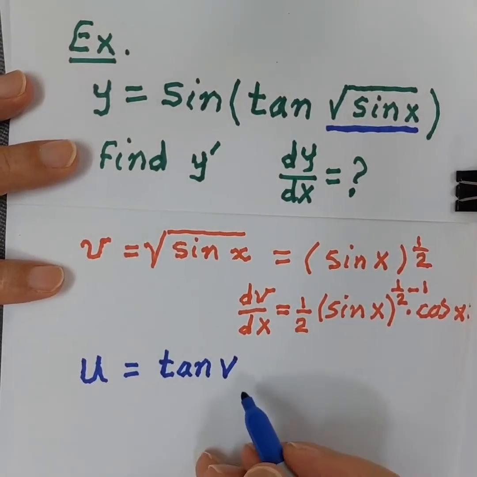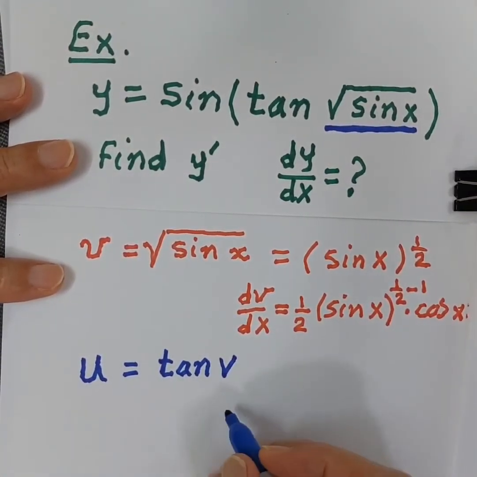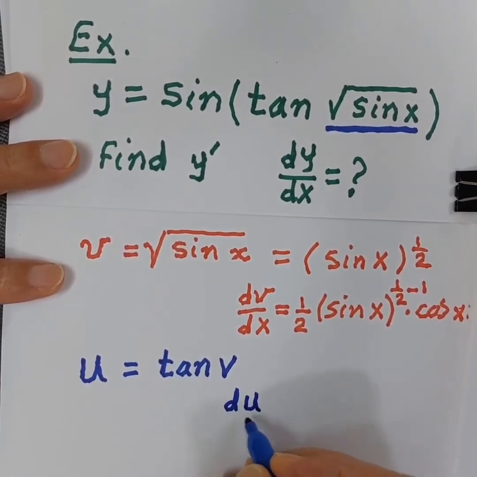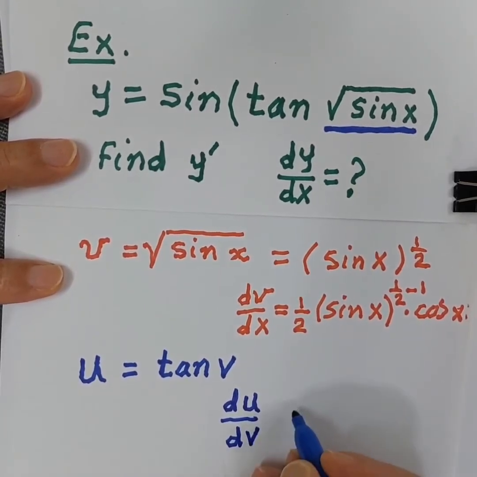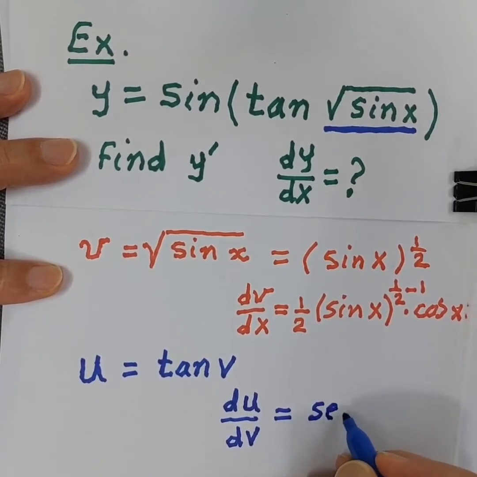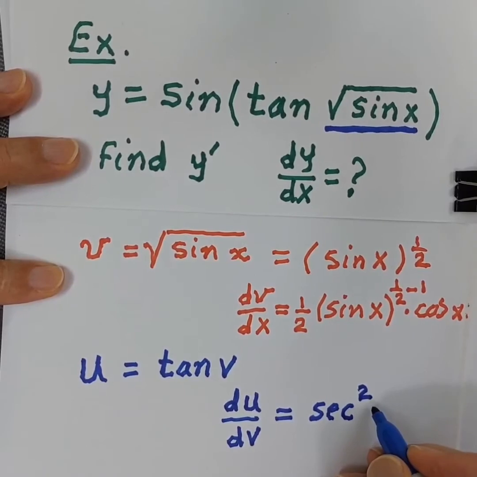And of course, you can find the derivatives very easy for this. We can say du by dv is equal sec square, secant, I mean sec square v.